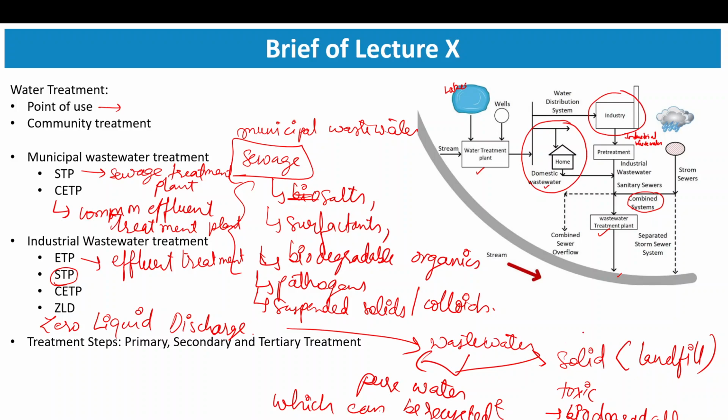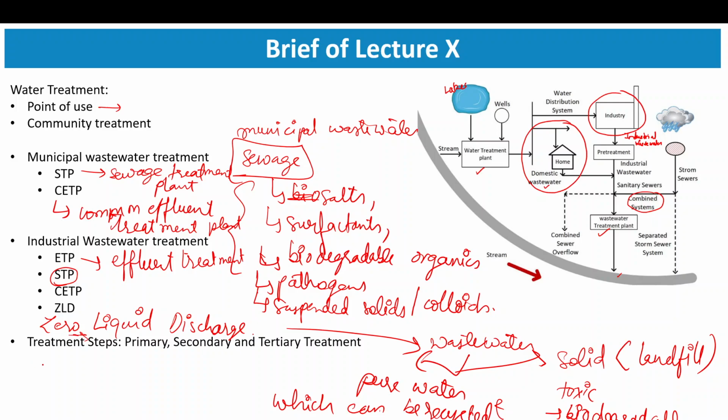So these two are formed, and there is no liquid coming out of that industry or from that zone. That is why it is known as zero liquid discharge, which means no liquid should come out of that industry or from that zone, and whatever liquid water is there, you recycle and repurpose that water, right? So that is nothing but zero liquid discharge.